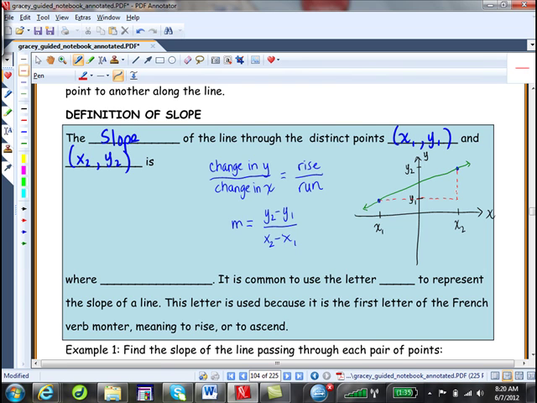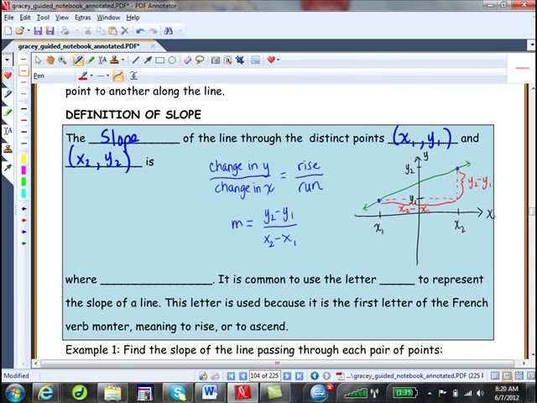And so to get that ratio of rise to run, do you see that over here, what's this amount? If y2 was 5 and y1 was 1, what would you do to figure out that distance? Good, you'd just do 5 minus 1. So similarly, this amount is y2 minus y1. And then for the change in x, it works the same. We'll have x2 minus x1. And that's where that comes from.